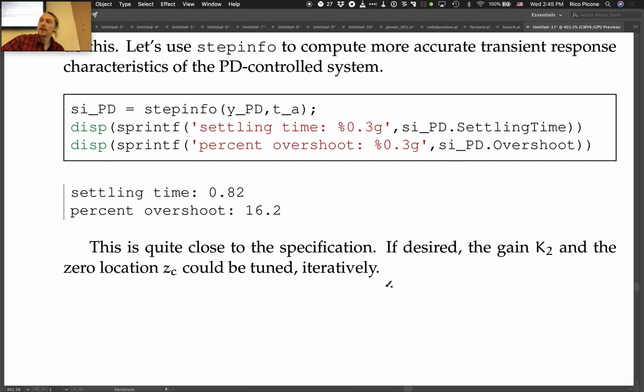With PID control, people have written a lot of auto-tuning algorithms that will come up with a PID controller that will give you pretty good performance just by iteratively changing it and seeing what happens. So you can do this in simulation. You can also do this in the real-world environment too, where you can just tweak your controller gains until you get performance that you want.